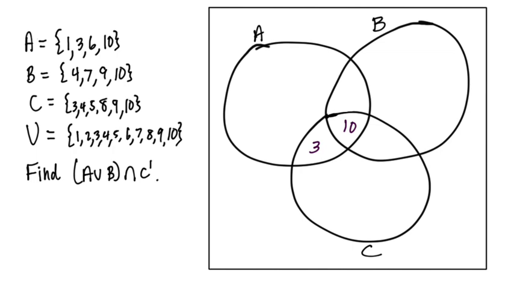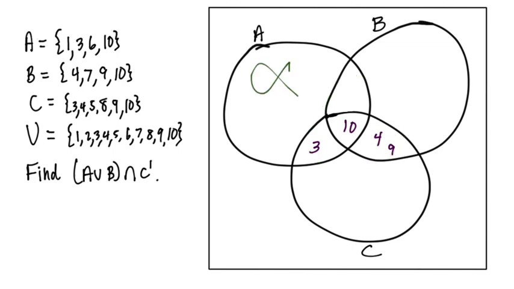Oops, I guess I did the other one first. I did A and C first. So if you look at A and C, you can see they both have 3 in common. Anything else? Looks like that's going to be it. All right, so then we said with B and C, it was 4 and 9. Okay, so that's these 4 regions in the middle there.